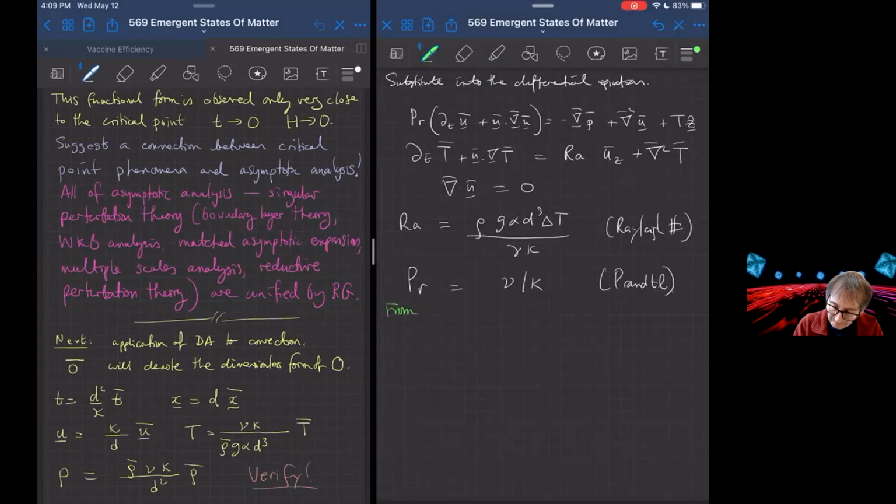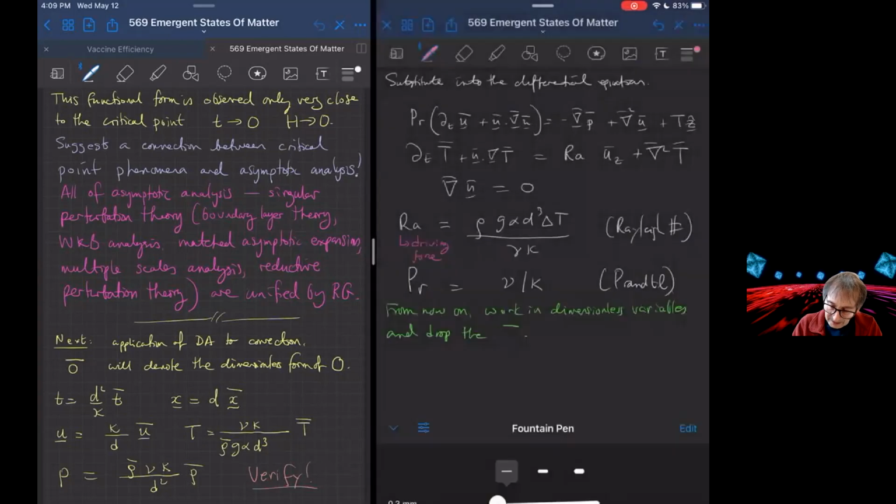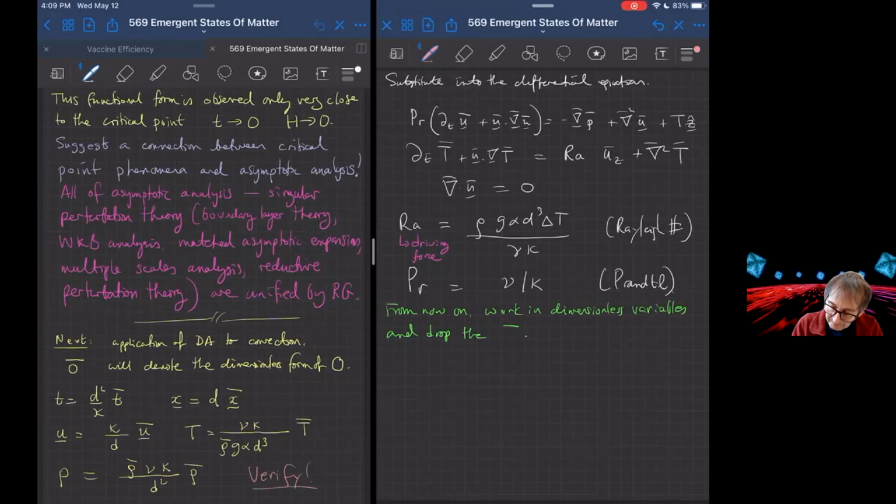From now on we're going to work in dimensionless variables, and we're going to drop the bars. So the Rayleigh number tells you the driving force, and then the Prandtl number tells you about the relative strength of the dissipative mechanisms.